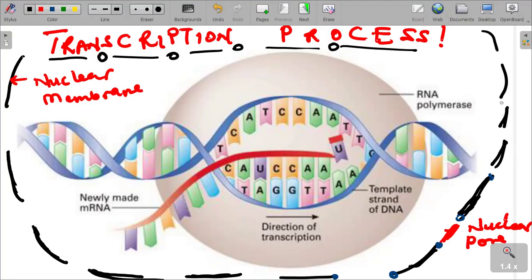The nuclear membrane has got gaps in it, which I can label, for example, here, where we are given the nuclear pore. The nuclear pores are gaps found on the nuclear membrane, which enable the mRNA to move out of the nucleus after it has been formed.